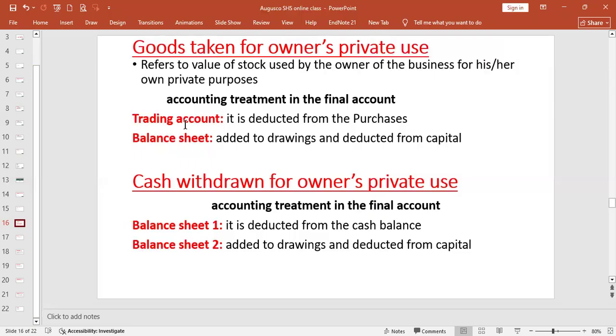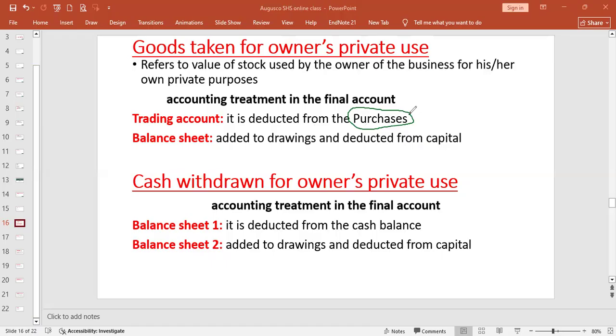In the trading account, you will deduct the amount of goods the owner took for private use from the purchases. So under your cost of sales, when you begin with opening stock, add purchases, and you adjust for carriage inwards and return outwards, you also adjust for the goods withdrawn by the owner. So you subtract it.